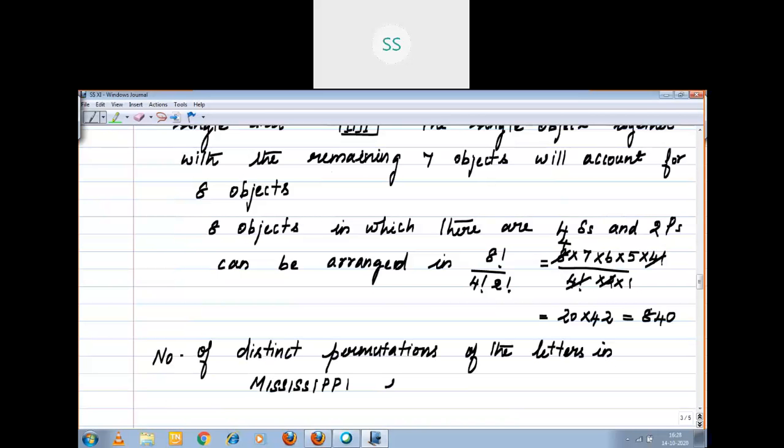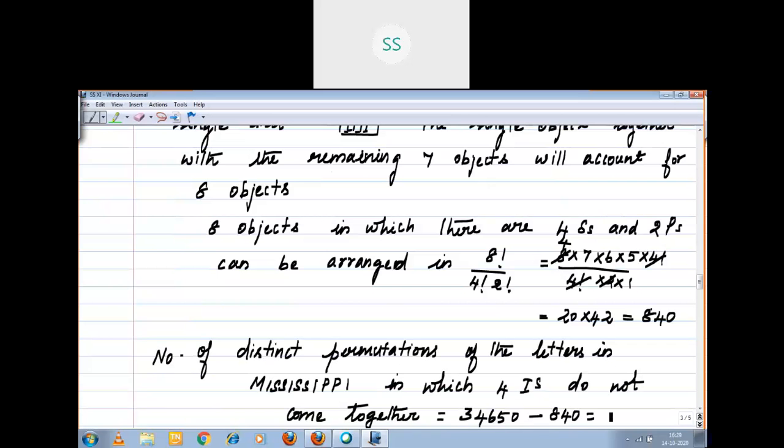Number of distinct permutations of the letters in Mississippi in which 4 I's do not come together.